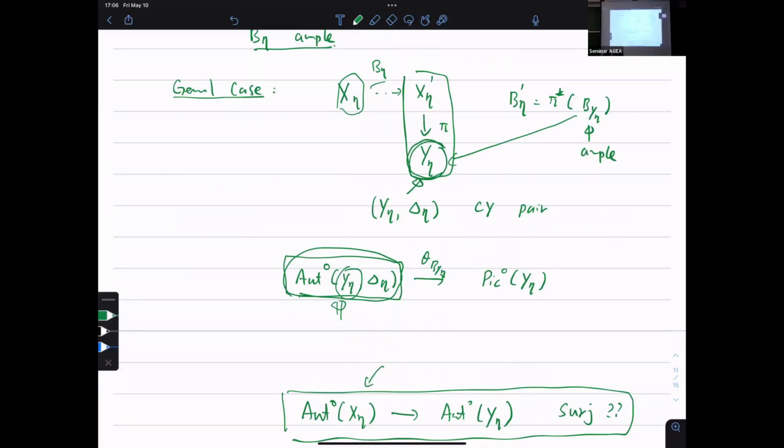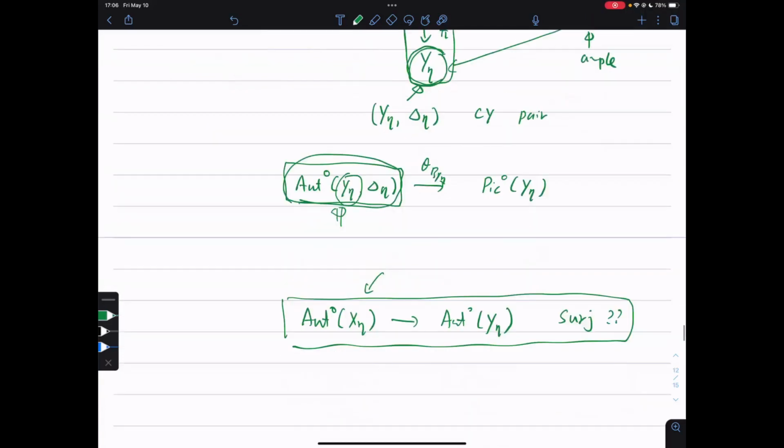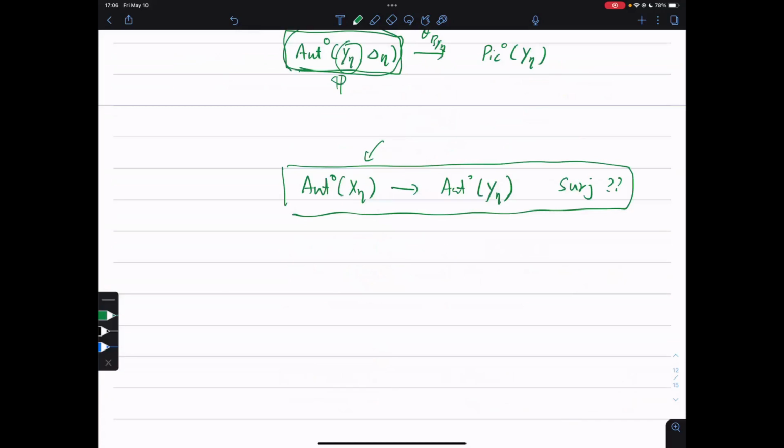Yes, this is what I want to ask. Because X_eta and Y_eta are both not defined over an algebraically closed field, how does this work? Okay, let me explain. First, there always exists this morphism. This is called the Blanchard lemma. This morphism can be defined over a non-algebraically closed field.